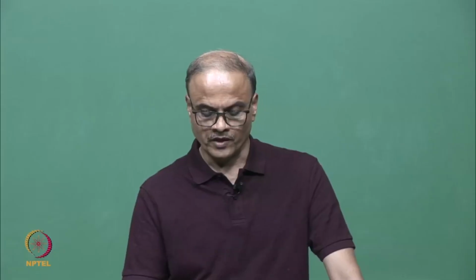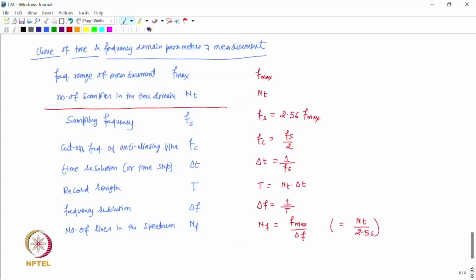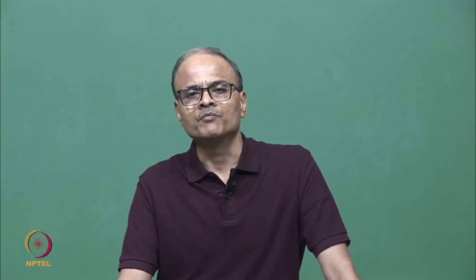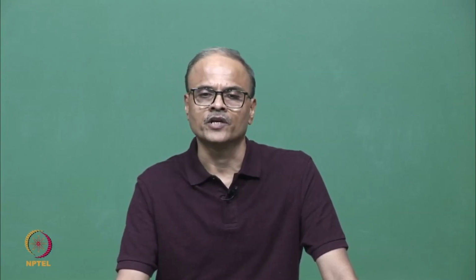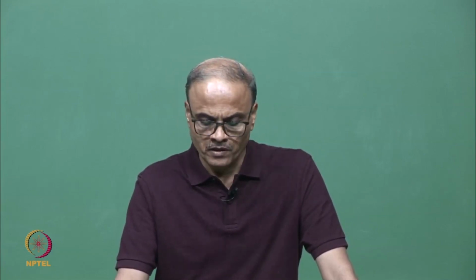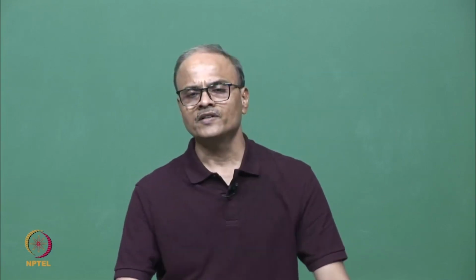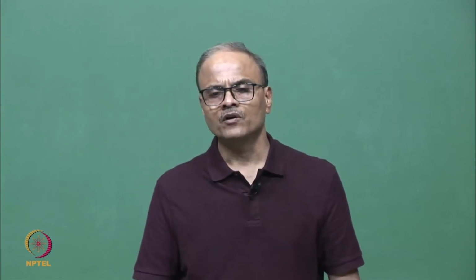Here we have the factor 2.56 in the equation for sampling frequency, right. That is being taken, if you recall, as per the Nyquist sampling theorem, the sampling frequency should be twice the highest frequency limit, or the highest frequency component present in the signal, which in this case we expect to be Fmax. And so, here the 2.56 factor is being taken in order to compensate for the non-ideal characteristics of the anti-aliasing filter, right.